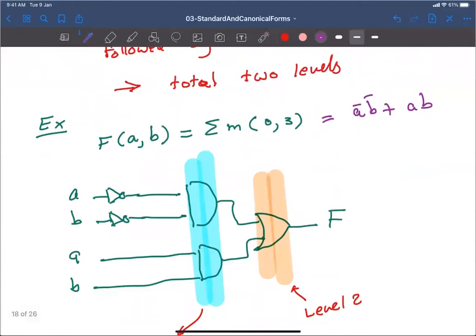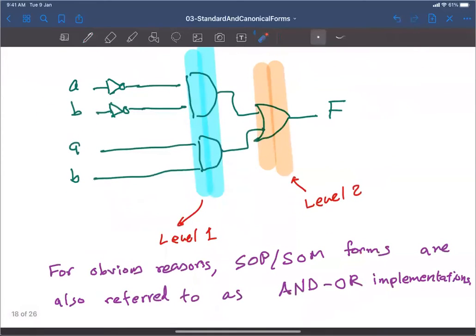It is basically an array of AND gates generating the products, followed by one single OR gate. So this is level 1 and this is level 2. So this is a two-level implementation, and for obvious reasons, this is also referred to as AND-OR implementation. So whether we say AND-OR implementation, sum of minterms, or sum of products, they all refer to the same thing.